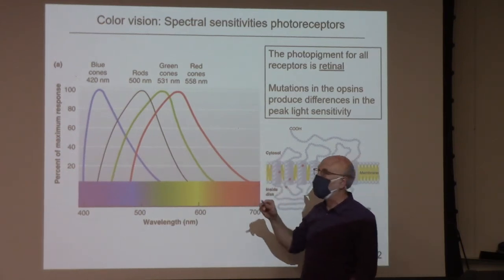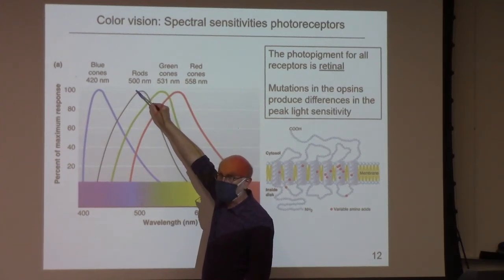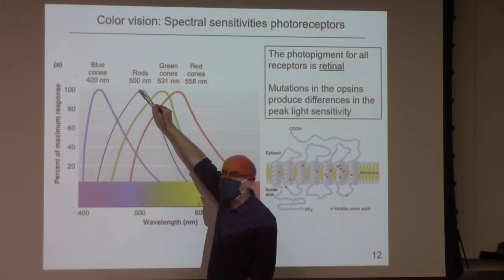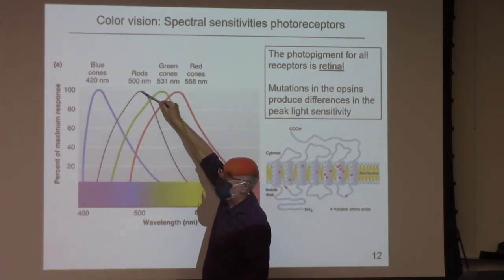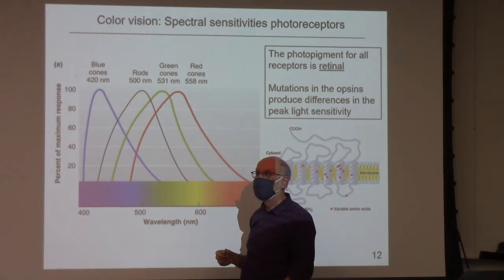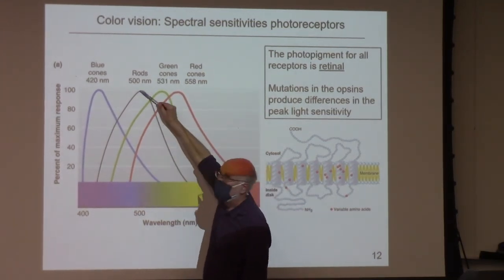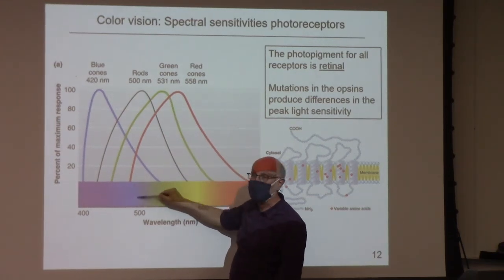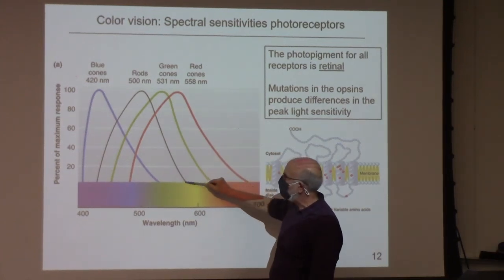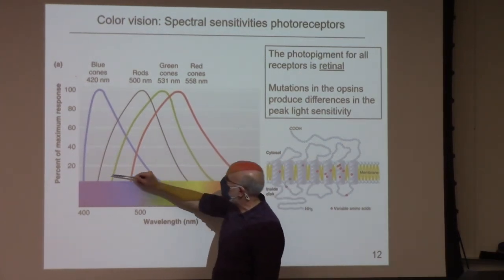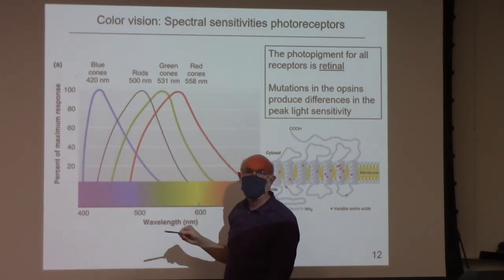So, for example, the opsin in our rods is called rhodopsin, and it has a spectral sensitivity, and it detects blue-green light best. It can detect yellow light, but poorly. It can detect purple light, but poorly. It's best at detecting blue light.